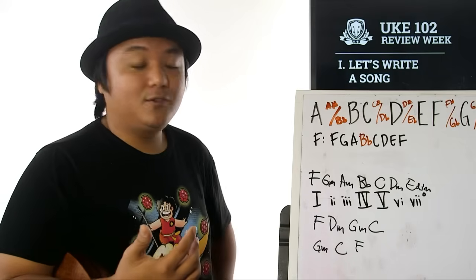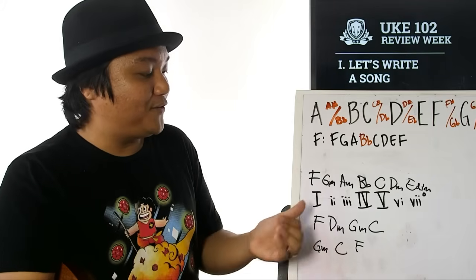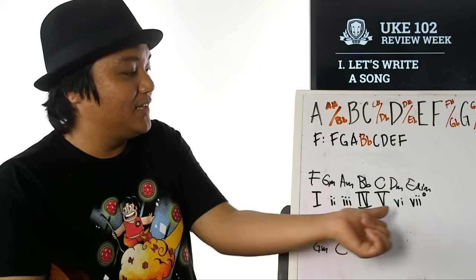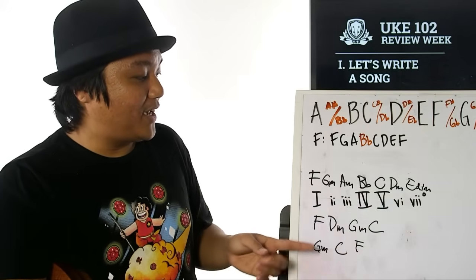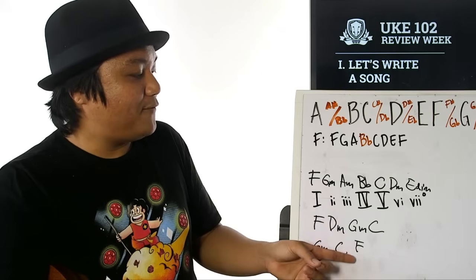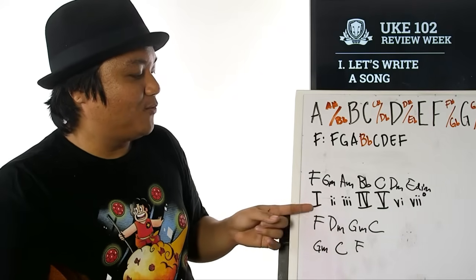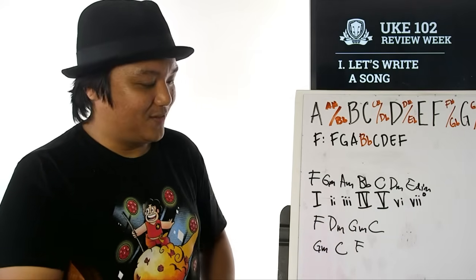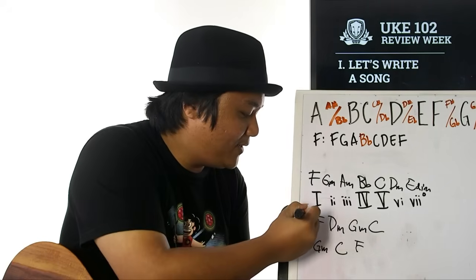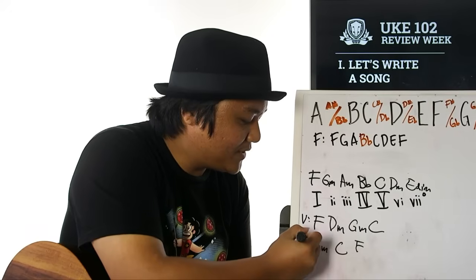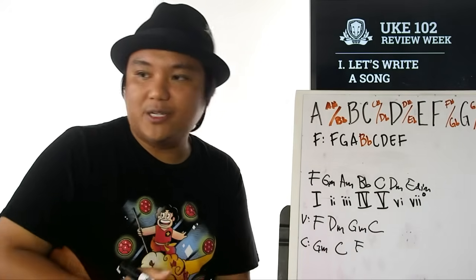But this time we're using F, D minor, G minor, C, which is 1-6-2-5. And for our chorus we have G minor, C, F, which is 2-5-1. Okay, so I'm gonna mark it now. Let's just say V for verse and C for chorus.